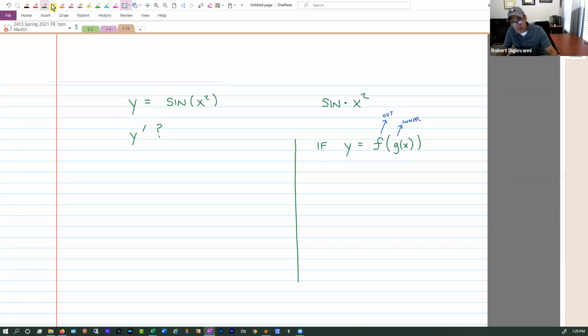If you want the derivative, then what you're going to do is this. So here's the chain rule right here. It says you're going to take the derivative of the outer function, and inside of that, you are going to put the inner function with no derivative on it. And then you will multiply. This is where the word chain comes into play, because now we're creating a chain of multiplications. You're going to multiply that by the derivative of the inside function.